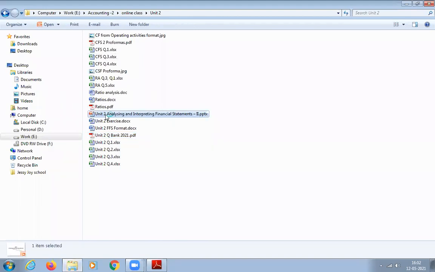If you download them it is okay, but please write down the formulas because you have to remember them. You have to learn the formulas for ratio analysis by heart. Clear?